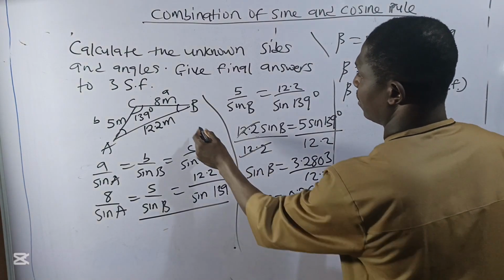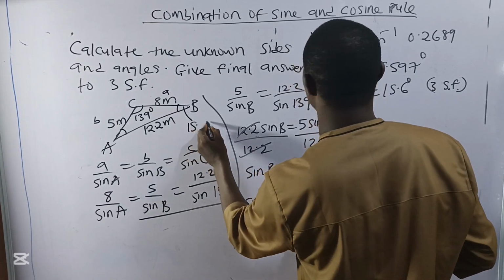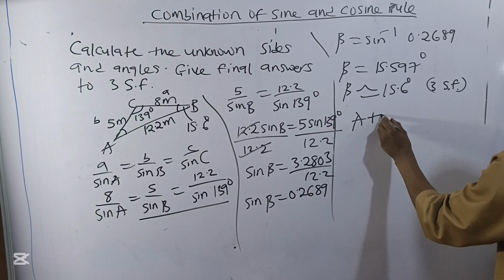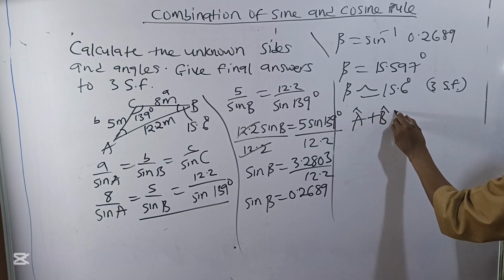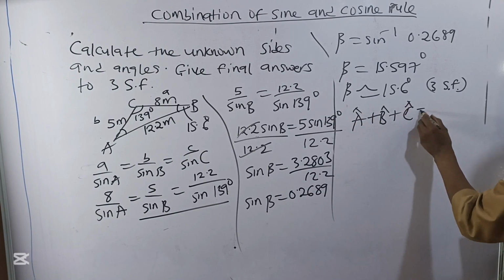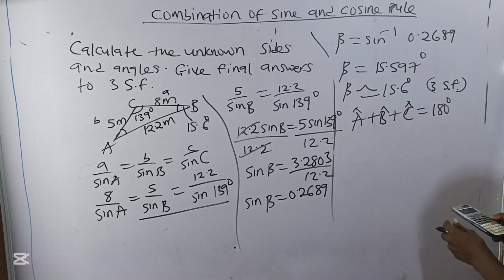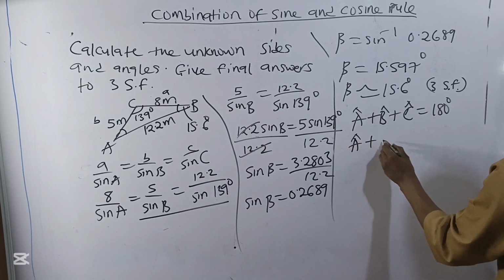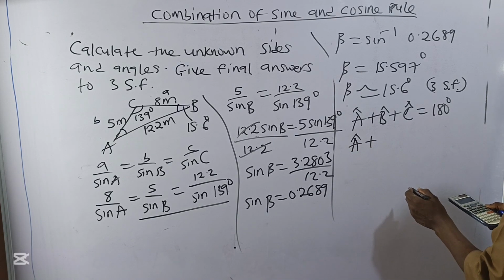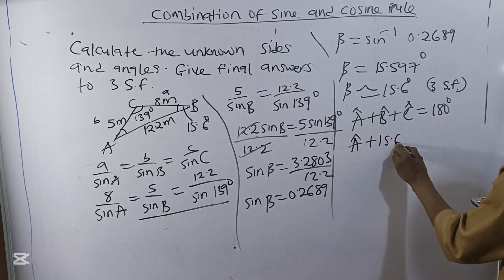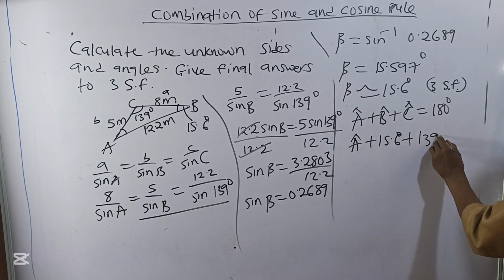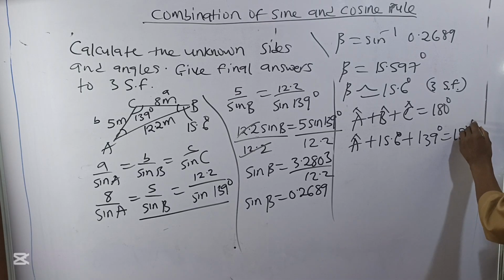So I've gotten my B here. This is my B, 15.6 degrees. And again, I have angle A plus angle B plus angle C equal to 180 degrees. Why? Sum of interior angles in a triangle. And I have my angle A left. So angle A plus my angle B, which is 15.6 degrees, plus my angle C, which is given as 139 degrees, equals 180 degrees.